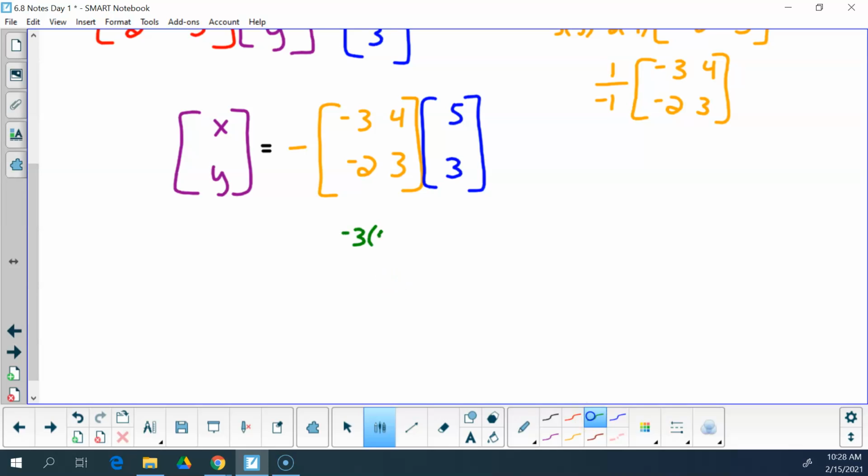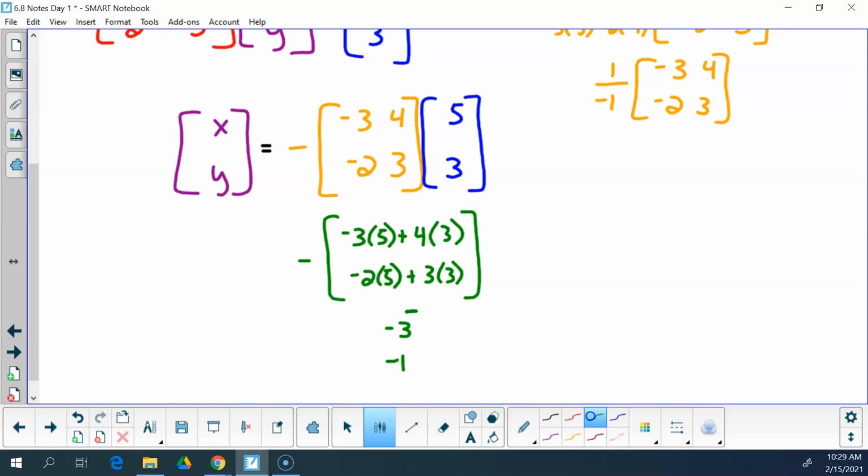Negative 3 times 5 plus 4 times 3, negative 2 times 5 plus 3 times 3. And don't forget the negative sign out front. Negative 15 plus 12 is negative 3. Negative 10 plus 9 is negative 1. Still have a negative sign out in front.